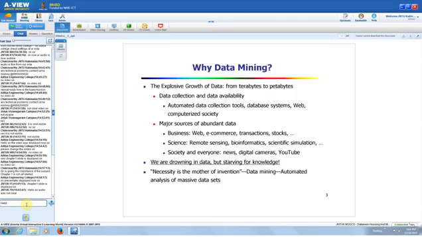Necessity is the mother of invention. So data mining is the automated analysis of massive data sets. That's not the exact definition, but a concept. Through data mining, I will explain the steps. Here I told you the shopkeeper example. That is data mining done by him inherently with his talent and experience.